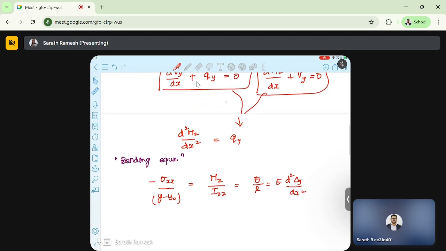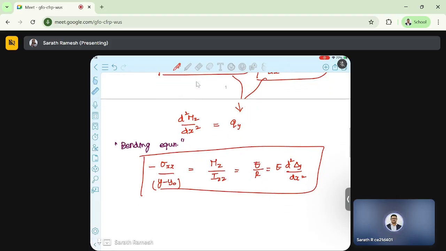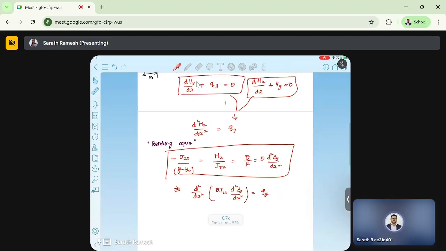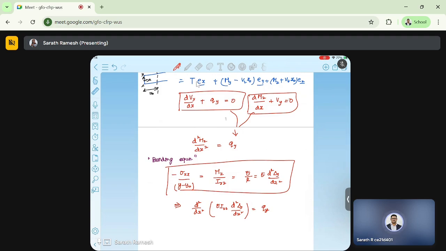This further gives d square by dx square of E Izz d square delta y by dx square equal to qy. These are the main equations we need to solve any boundary value problem of flexural members.